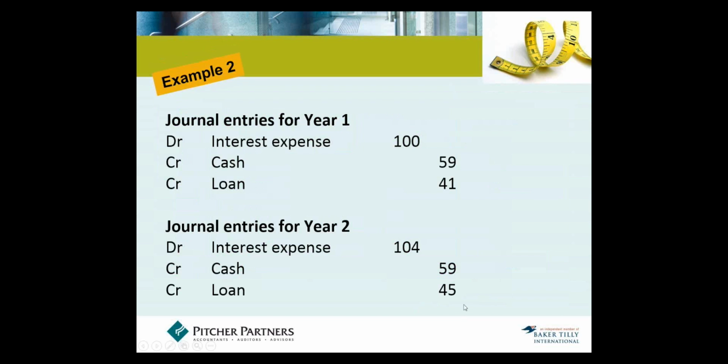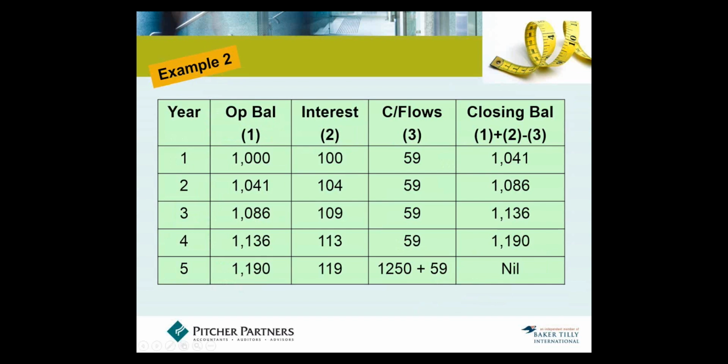So the journal entries for year 1 would be debit the interest expense. You can do it the long way or the short way. You could say debit the interest expense, credit the loan.